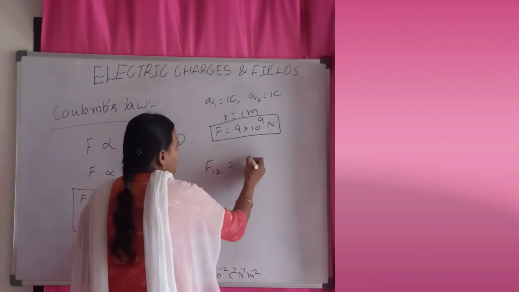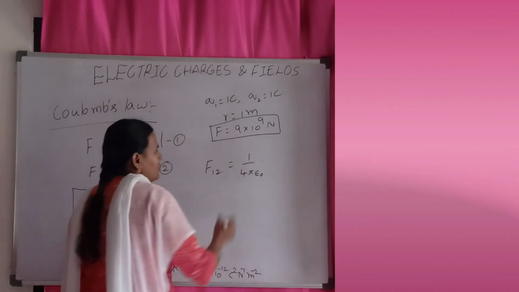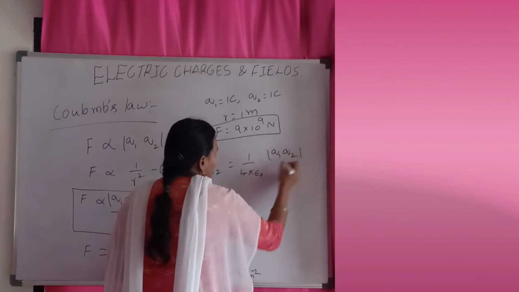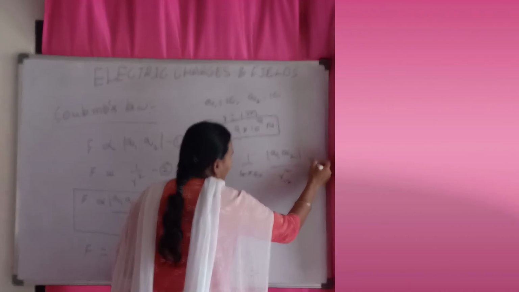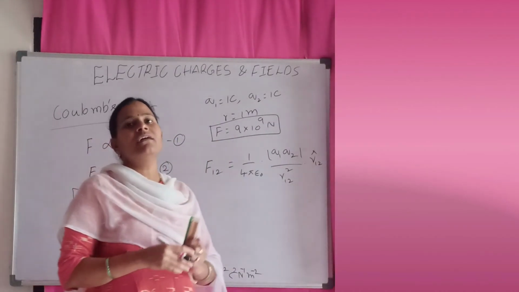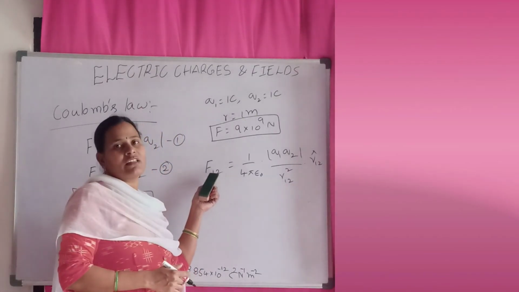So it is equal to 1 by 4 pi epsilon naught into Q1 Q2, mod is not necessary here, by R12 square into R12 cap. Here R12 cap represents the vector form. So this is the vector form for the force.